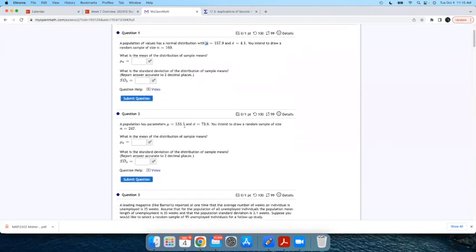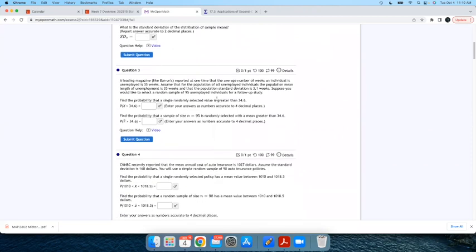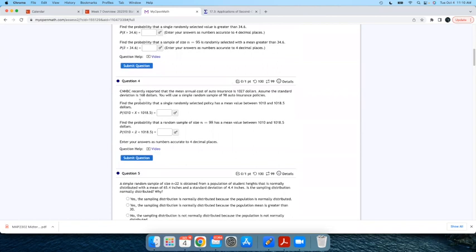Here, same thing. I see mu's, it's a mean problem. I see the word average, mean problem. No P hats, no Q hats, no success, no failure. That's a mean problem. Here, I haven't even read the whole question. I see the words standard deviation.